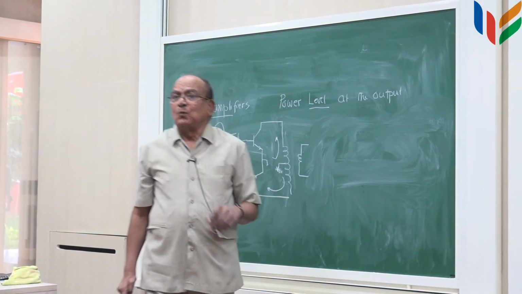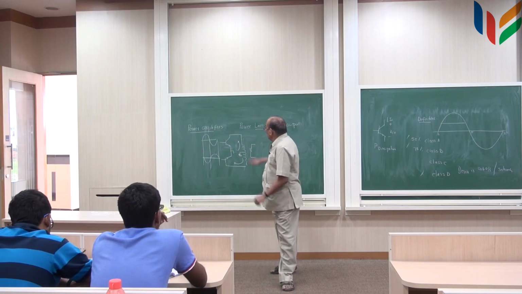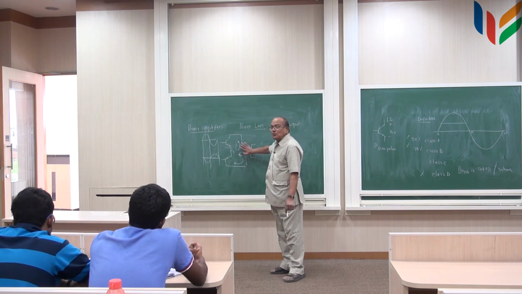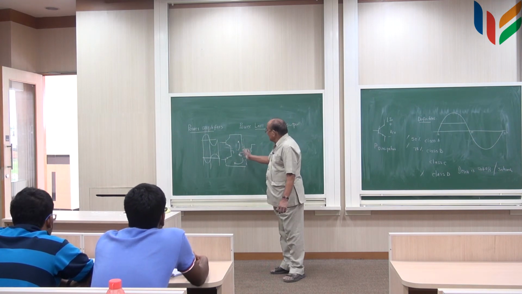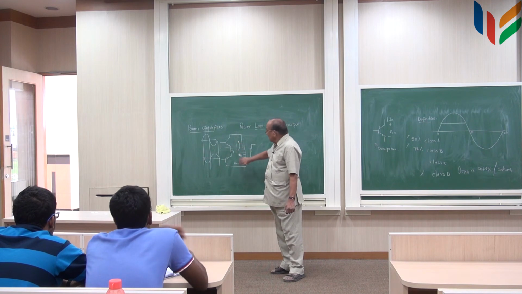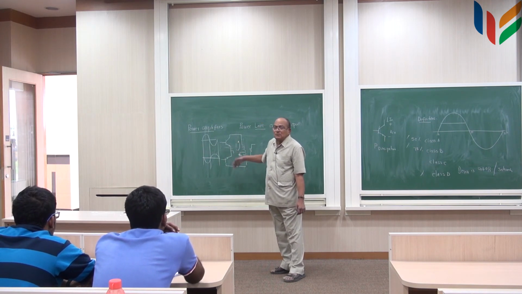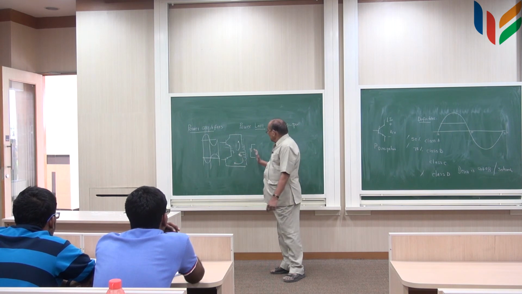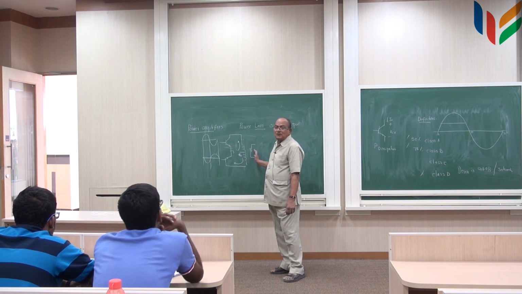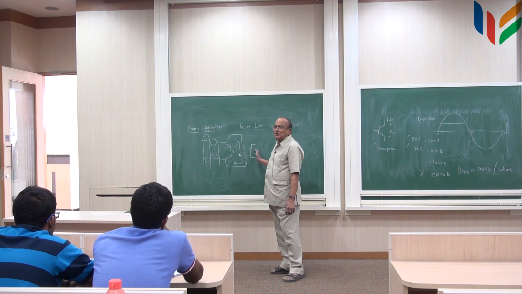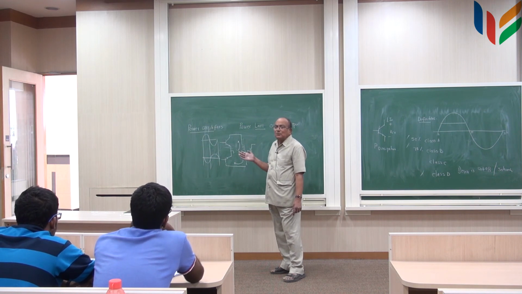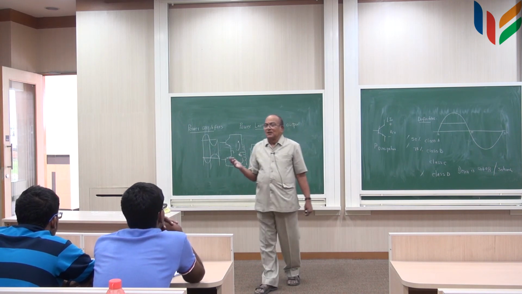So, in one half cycle, this half of the transformer primary will carry current in this direction, and in the other half it will carry current in the opposite direction, but of equal value. Now, if I put a secondary on this transformer, what kind of current will I get? Proportional to I1 minus I2, right?